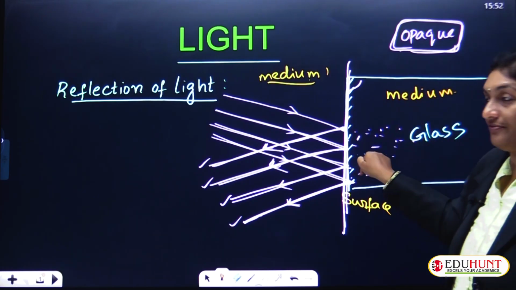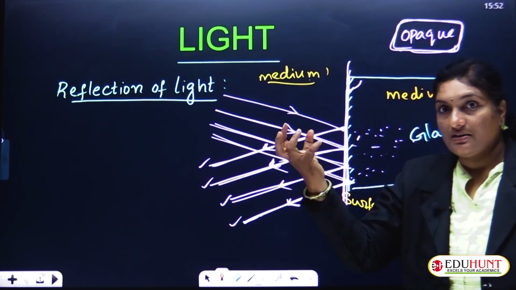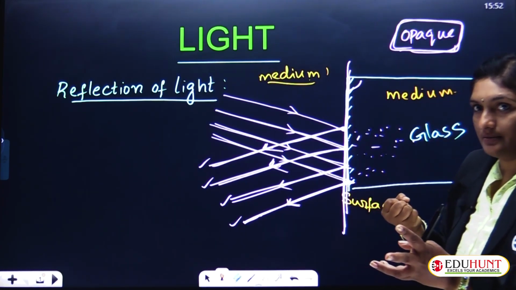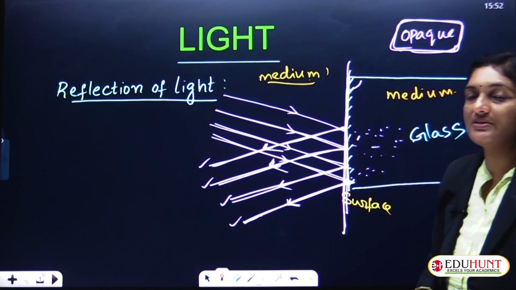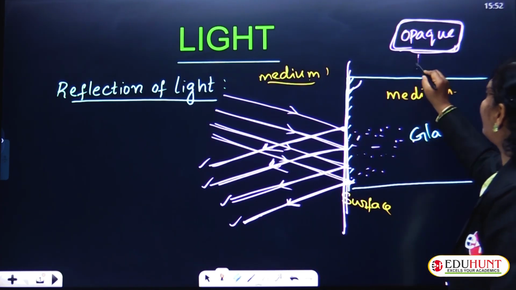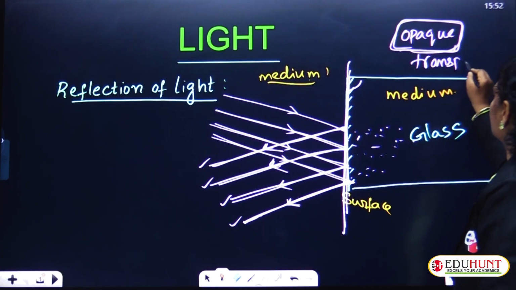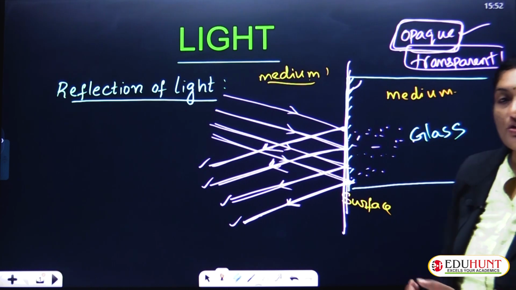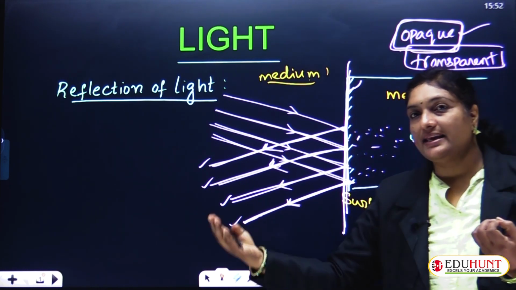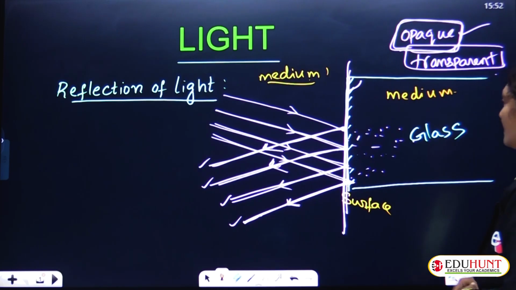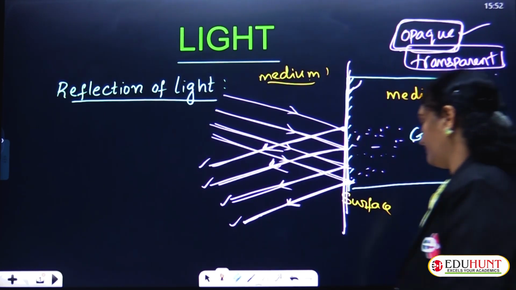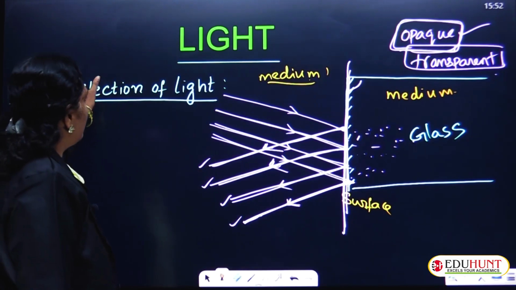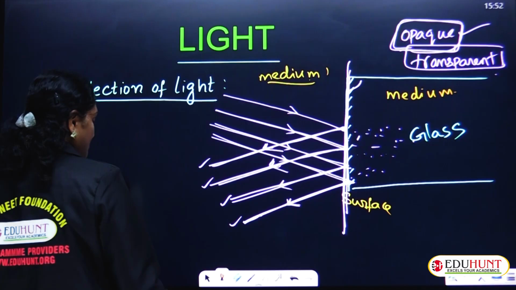Those types of surfaces, which partly absorb and partly return light back to the same medium, are called your transparent mediums. Completely absorbed, opaque. Portion absorbed and the remaining sent back, transparent medium. Okay?